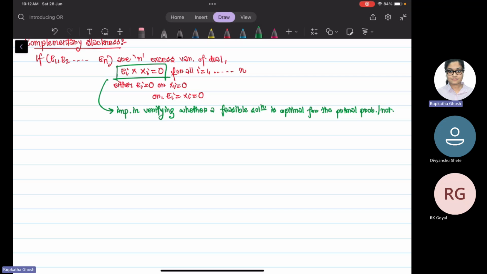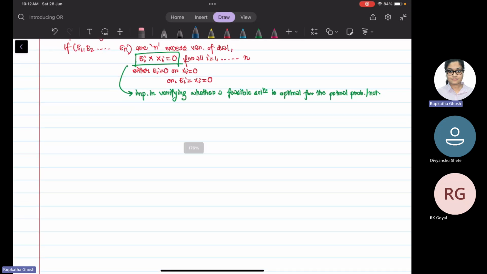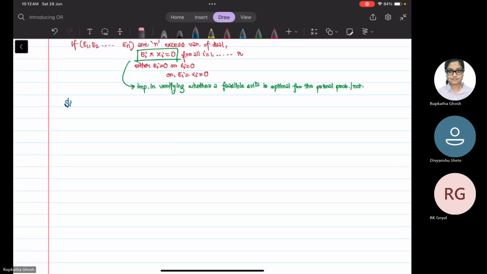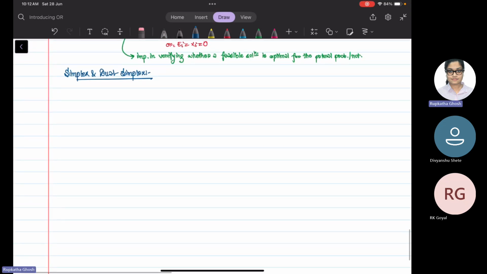So just a small diagram which I would want you to visualize. This is about simplex and dual simplex procedures. Let me not draw the box first. So this is your optimal and feasible solution, which is the final solution. This is optimal but infeasible.